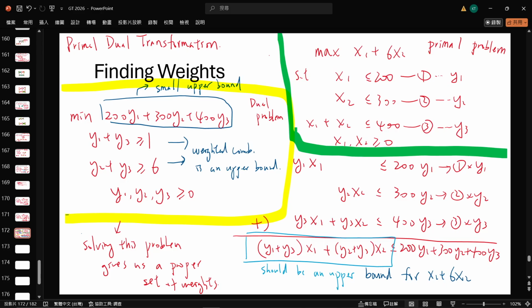And when the primal problem is independent set and you do this transformation, you get edge cover. So that's the reason that we can get vertex cover and edge cover when we discuss matching and independent set. Okay, so let's take a break.